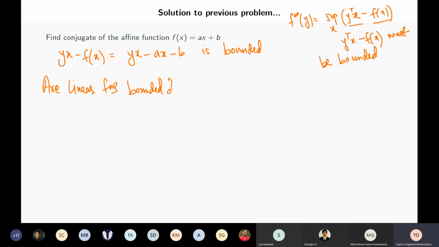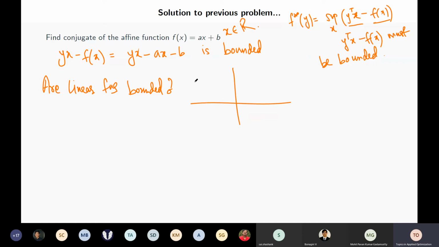It depends on the domain, yes. In this case, x is allowed to be anything, all of R. So in general, what we know is that the only bounded linear function is a constant function.